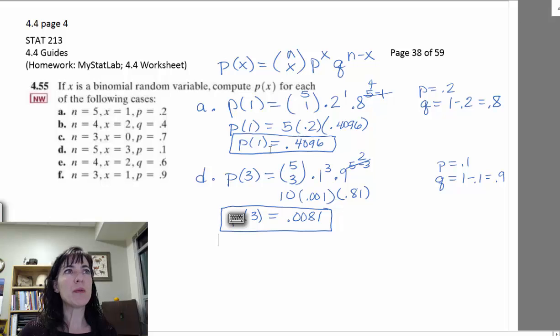This probability for part A was 0.4096, that's almost 0.5. So this was a lot more likely, part A, to have exactly 1 success out of 5 trials with this success rate of 0.2, than it is down here to have exactly 3 successes out of 5 trials with a success rate of 0.1. So that's what we can see from there.